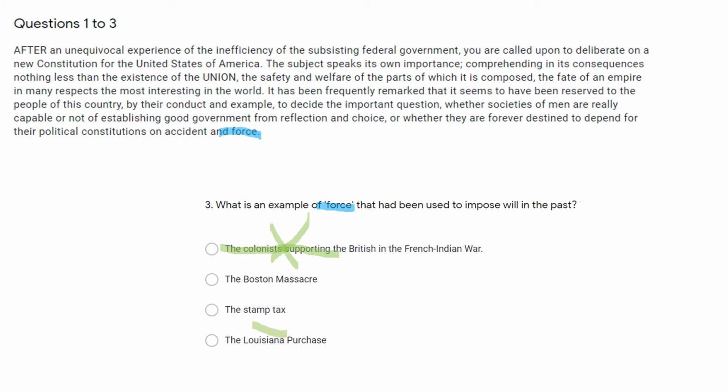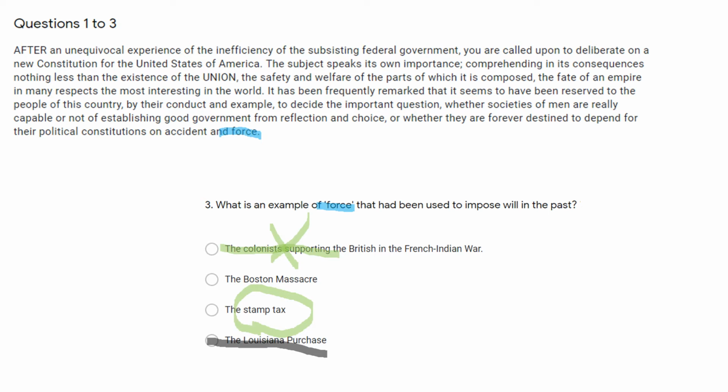The stamp tax is not really about force. Force means physical. This might be oppression, but it's not force, as in the physical idea of force. And the Louisiana Purchase is too late. This is coming years later in 1803 when Thomas Jefferson bought the Louisiana area from the French.